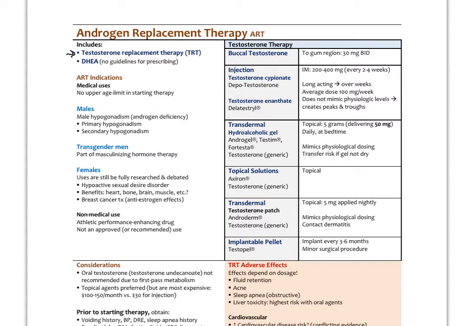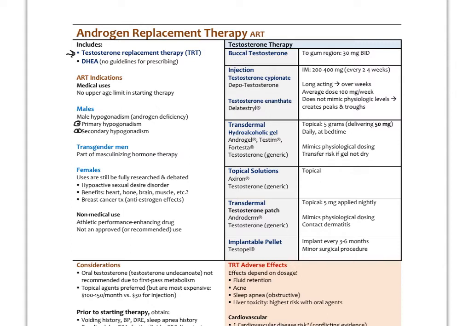And that could be primary, meaning that the testes are not putting out androgens, or secondary, meaning that the LH, FSH from the pituitary or GnRH from the hypothalamus are not properly secreting and not properly stimulating the testes. There can rarely also be androgen receptor genetic defects, which results in androgen insensitivity. So all of those would potentially be roles for androgen replacement therapy.